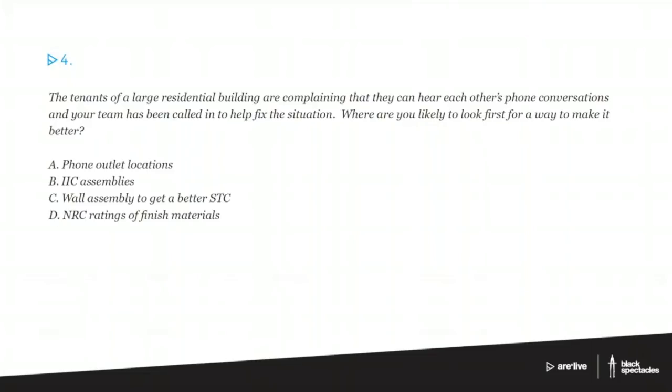So the concept of the NRC is the noise reduction coefficient of materials. So the classic version of the NRC that you would be using, and probably many of you have used already, and you just may or may not have realized it, is you're in, say, an office space, and you're going to put up some ceiling panels.